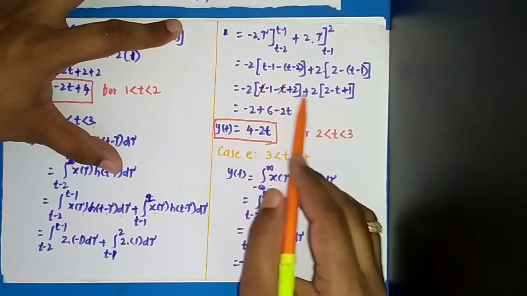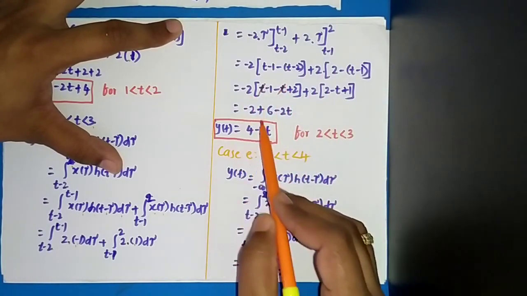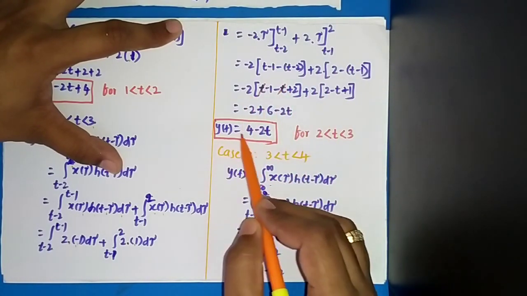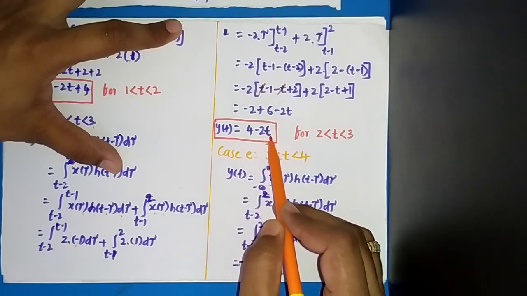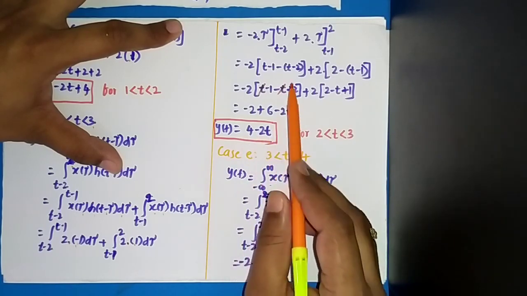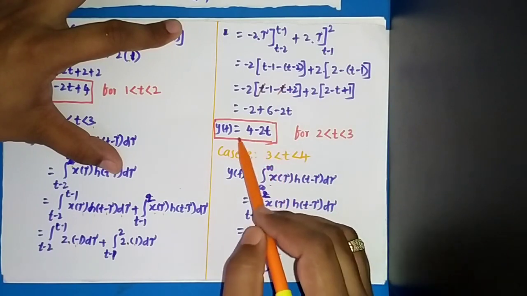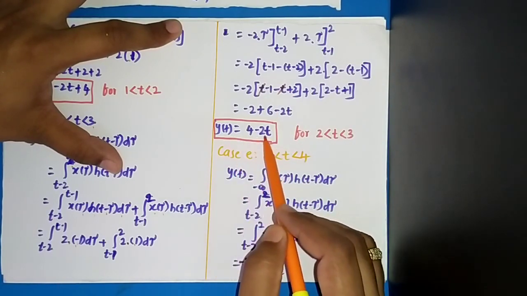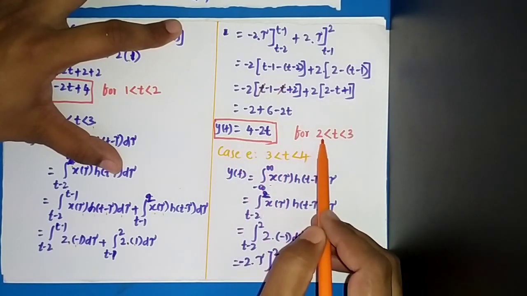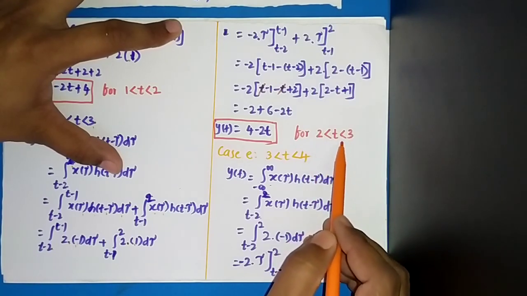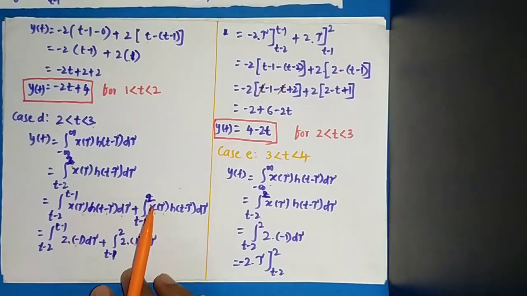So if you do this math, you will get y of t is equal to 4 minus 2t, okay. So just you can follow this one, okay. Y of t is equal to 4 minus 2t. This is for t lies between 2 and 3. This is the case D, okay.